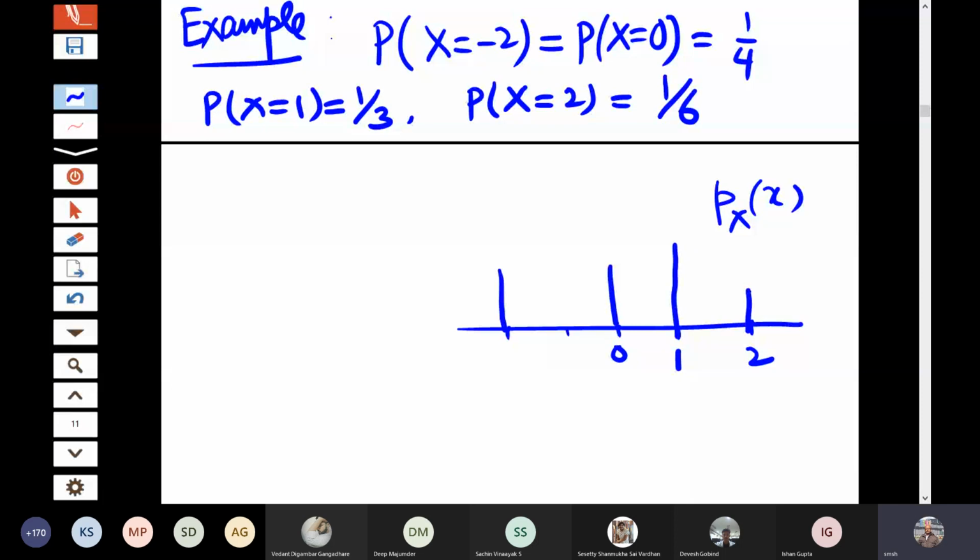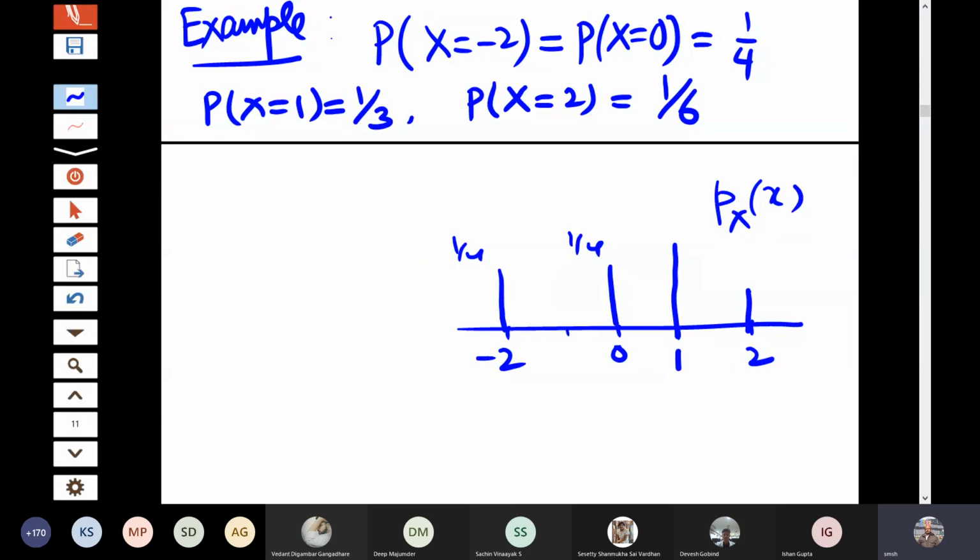Suppose I ask the question, what is the median here? What is the condition? We should attain the probability half. So if you see the probability here at -2 and 0, it is 1 by 4 each. So at the point 0, I attain the probability half.